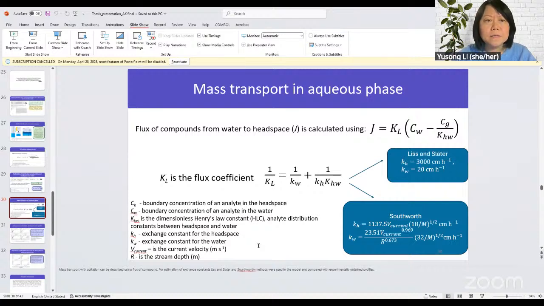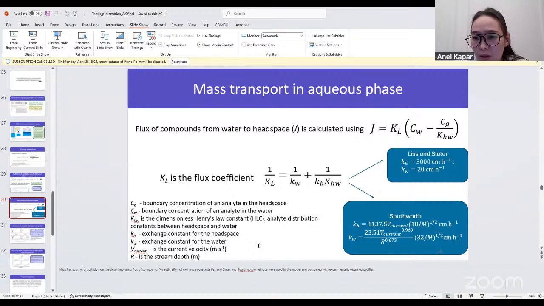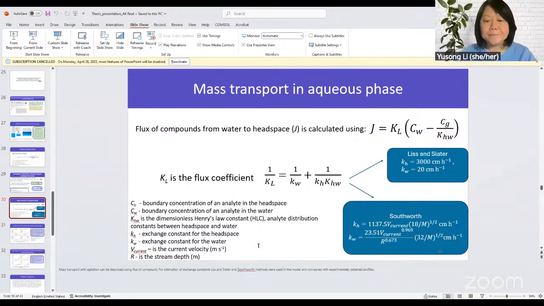So which component is from the turbulent flow module? What do you mean? I think in your dissertation you said you used a turbulent flow module in COMSOL to simulate the water agitation process.